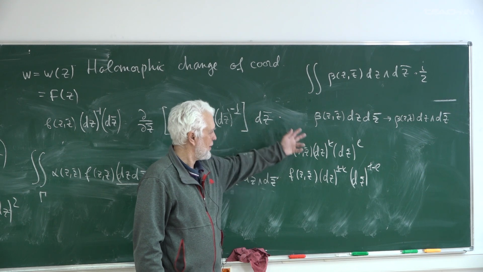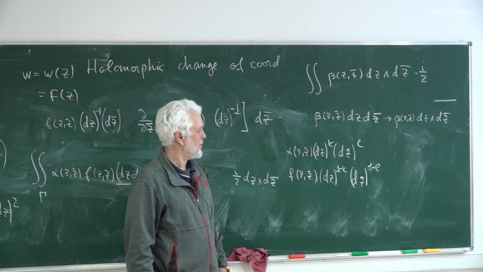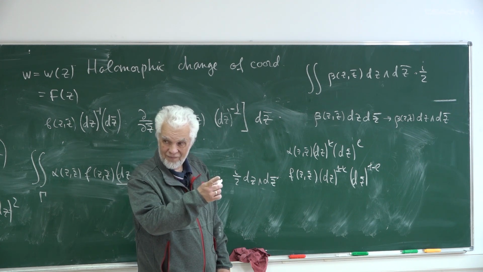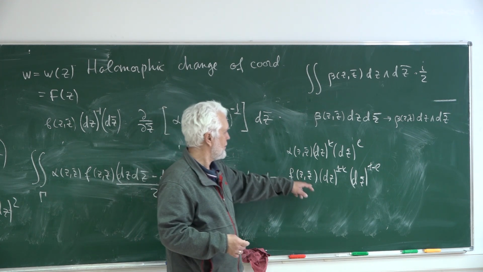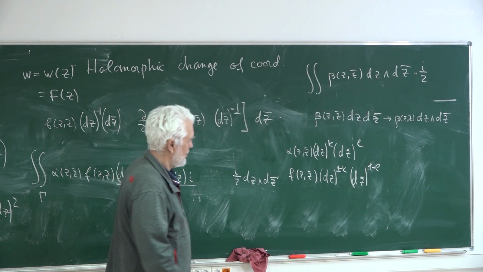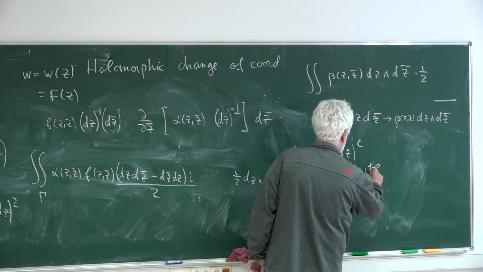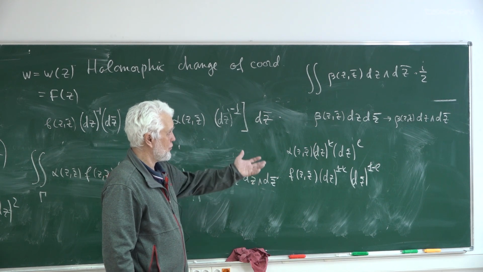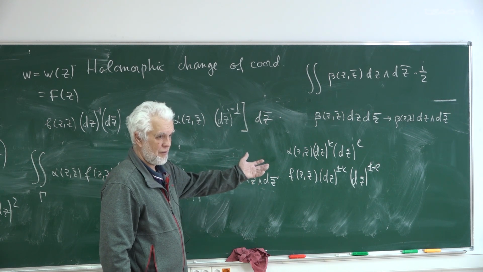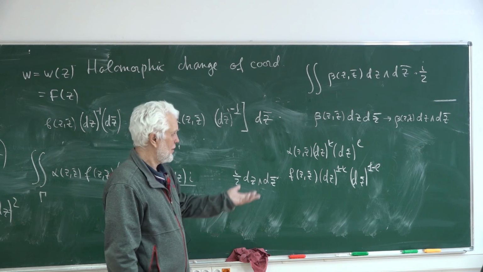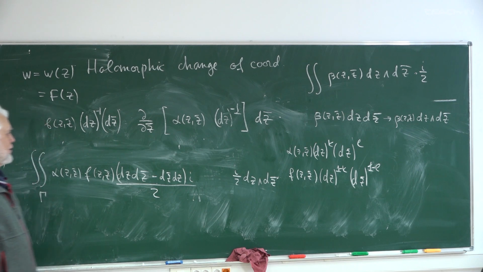If you multiply, you obtain the object dz, dz bar. I make no complex conjugation. So it is the naive dual. So we have this dual space.